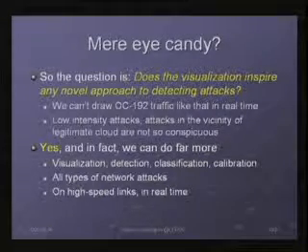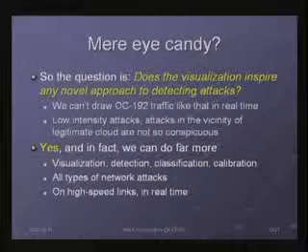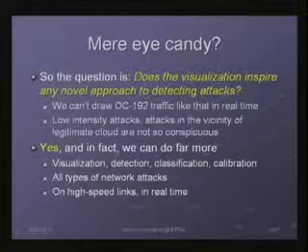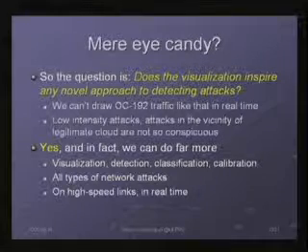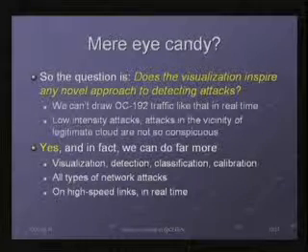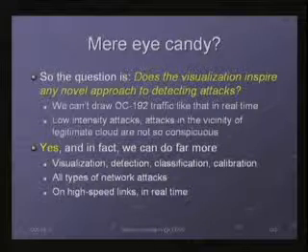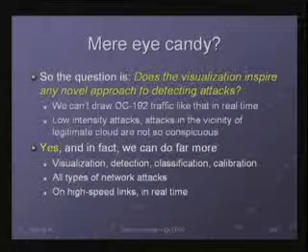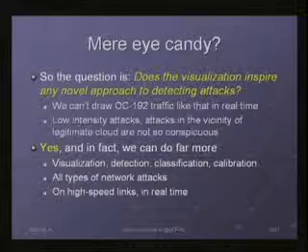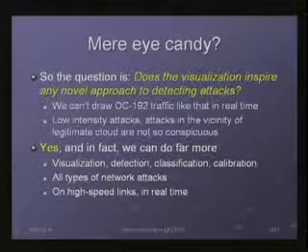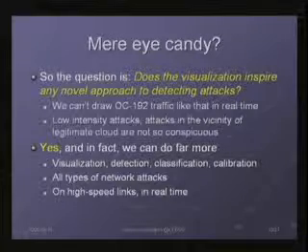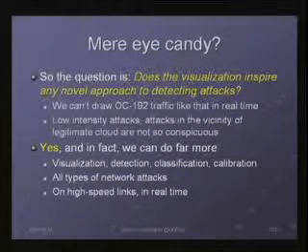The answer is probably not. Especially if you have a thick pipe like OC192, for every arriving packet, if you want to draw a dot, that's out of the question. That's one problem with that visualization when we want to use it for real attack detection software.